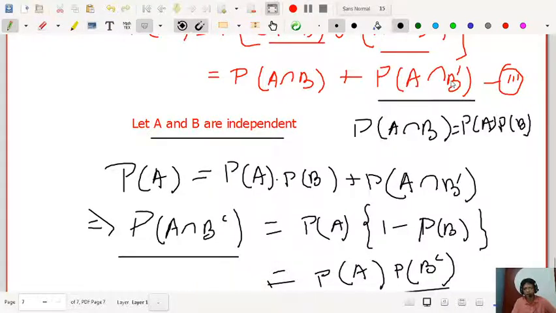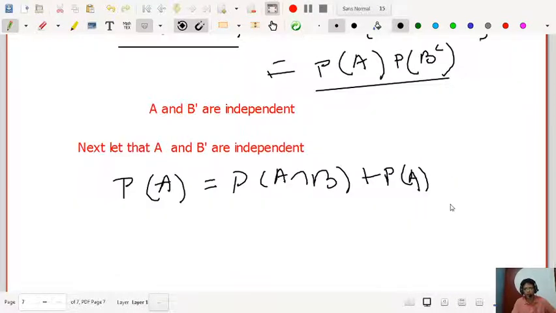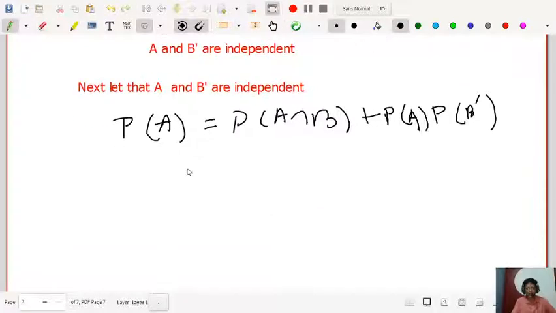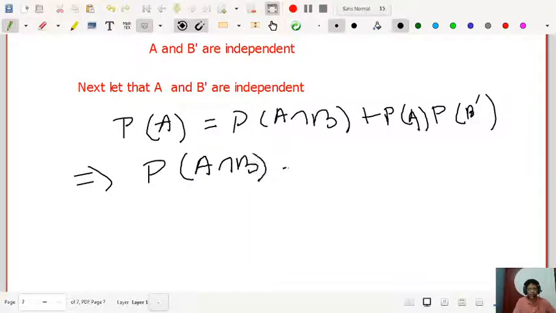Now A and B complement are independent, so we can write probability of A into probability of B complement, right? Since A and B complement are independent, again transposing this quantity to the left hand side and some manipulation, you will have probability of A intersection B equal to probability of A into 1 minus probability of B complement.